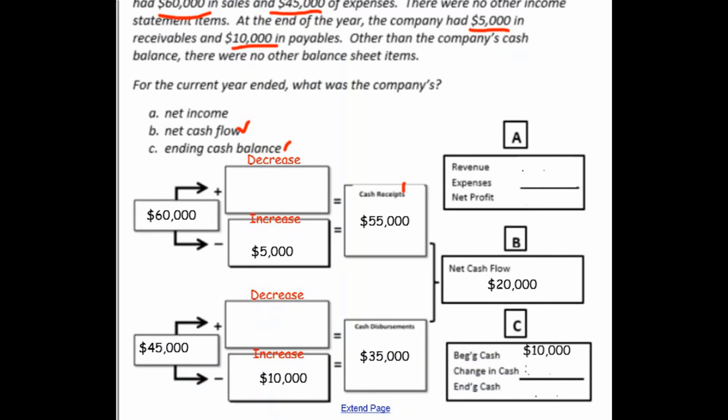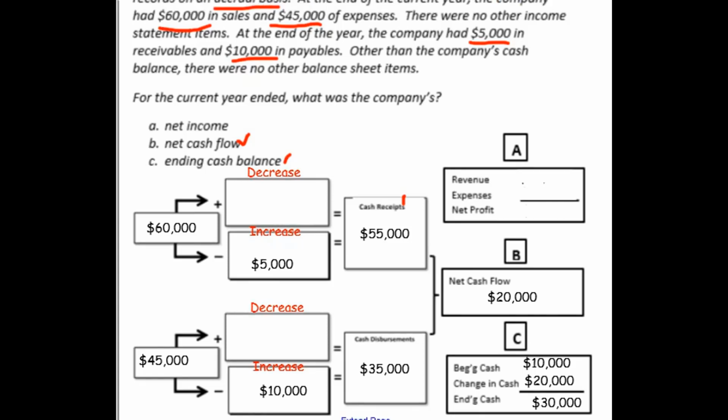So we have a beginning balance of $10,000 to account for. The next item is our change in cash. In this case, we have $20,000 more in receipts over disbursements. So we add that in, which means our ending cash balance at the end of the year would be $30,000.